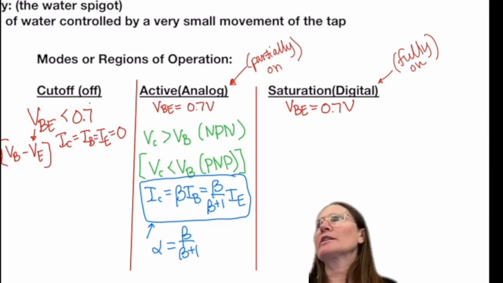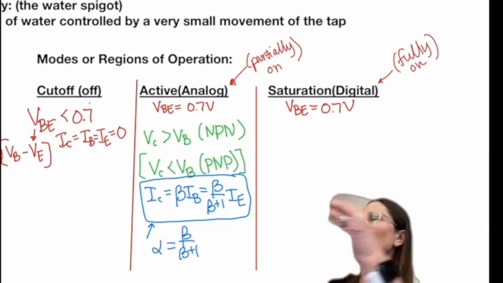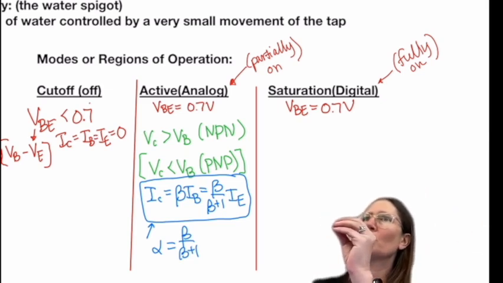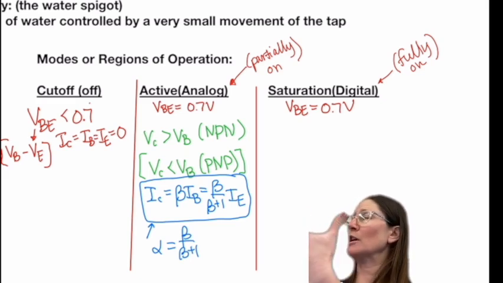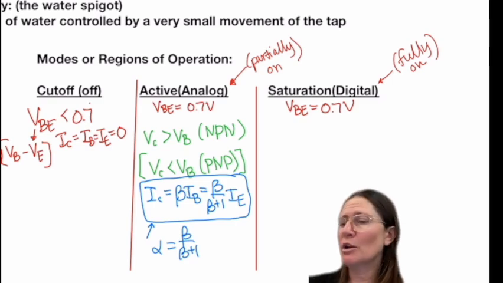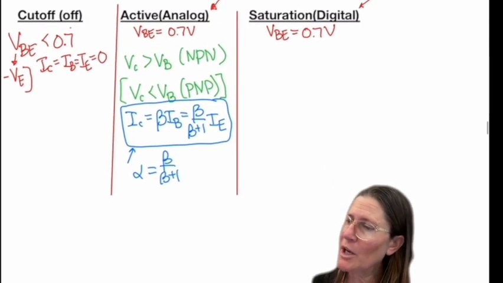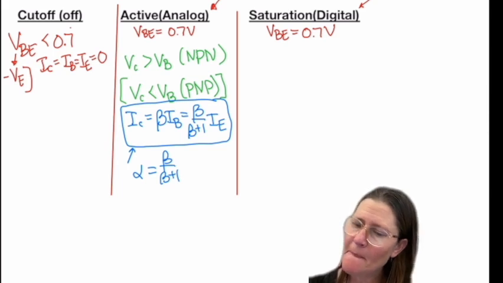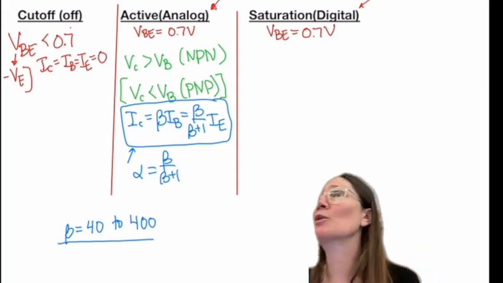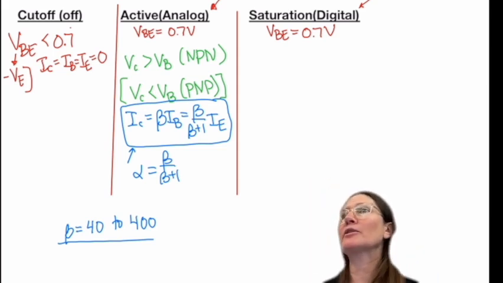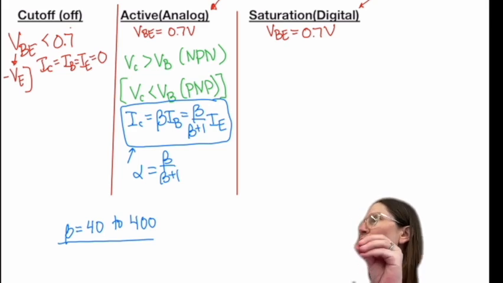So what this beta is actually internally, it's how much of the doping, meaning the plus charges and the negative charges that are in there. So beta can be anywhere from 40 to 400. And so it has a very wide variability based on how this particular transistor was made.